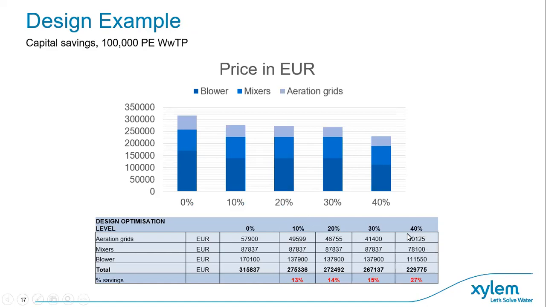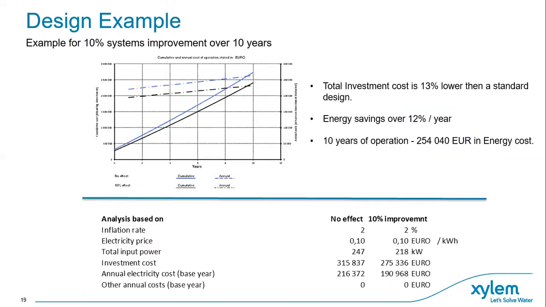And of course, if we go up to 40% in this specific case, it's up to 27%. So you never know how much we can save beforehand on the design. It's depending on geometries and possibilities and so on. But it's within this range that the potentials are by having this type of approach, which is quite a lot.